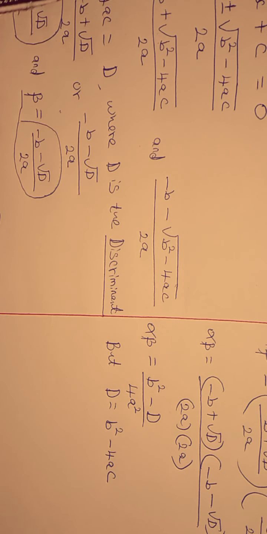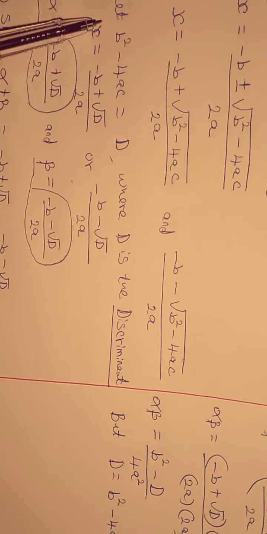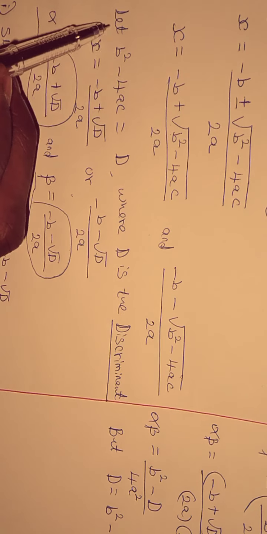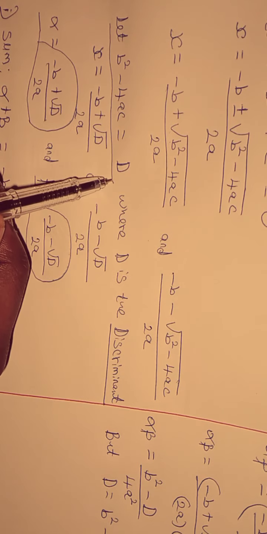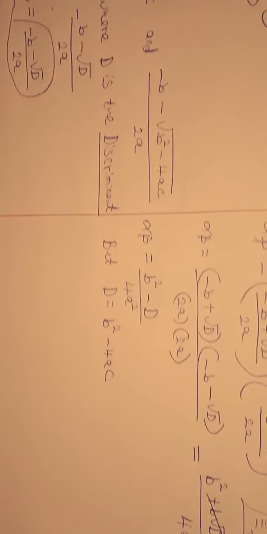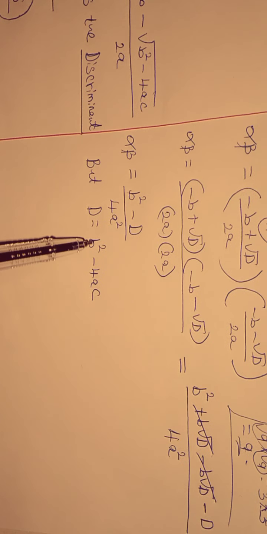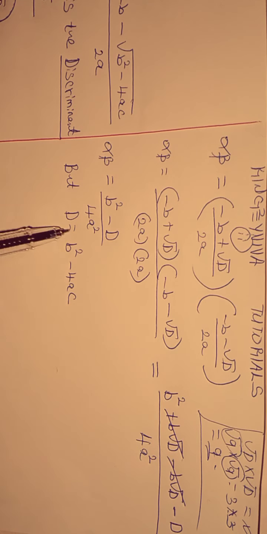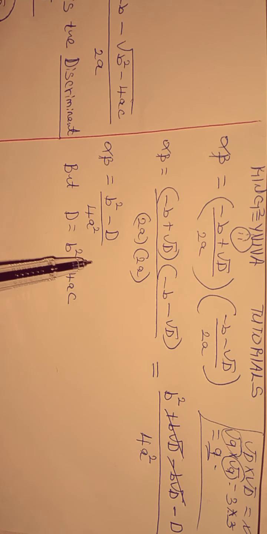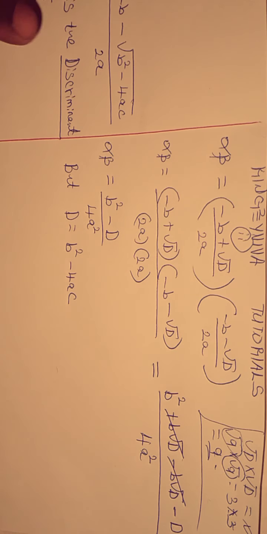At this point, we shouldn't forget what we did here. I applied this over here now, so I'll put this algebraic value for d here, and I move from there.